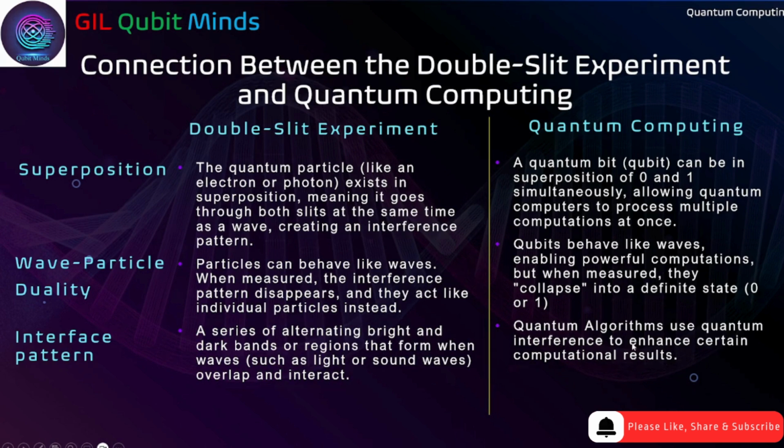So here also we are using the same interference pattern to reach our final result. We can interfere the wave property, and we can reach our target computational results. So these are the similarities of the double slit experiment and quantum computing.